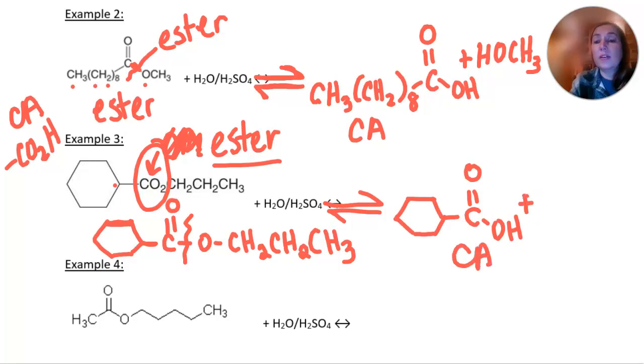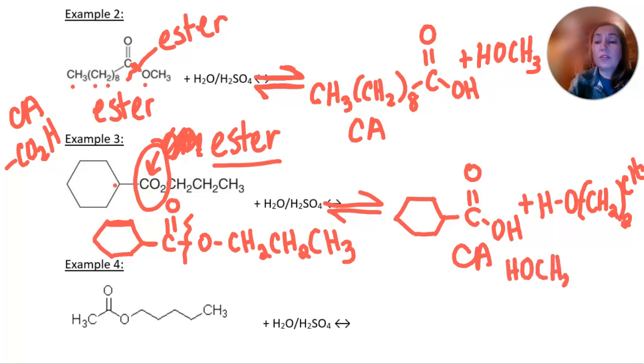Then we'll have the H added on for the alcohol, to the O, which is bonded to CH2, and there are two of those, and then CH3. If we want to rewrite this alcohol, it's just HO, CH2, CH2, CH3. It's supposed to be the same thing. So we've got our carboxylic acid and our alcohol.